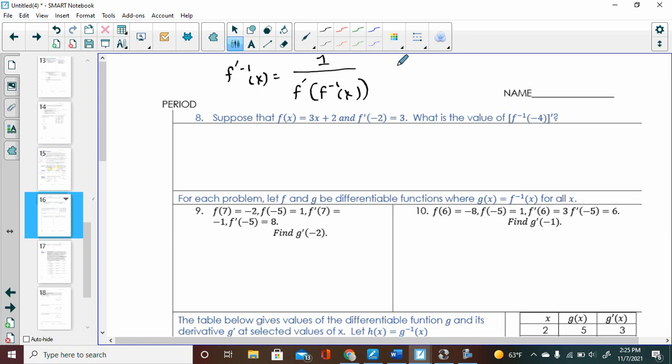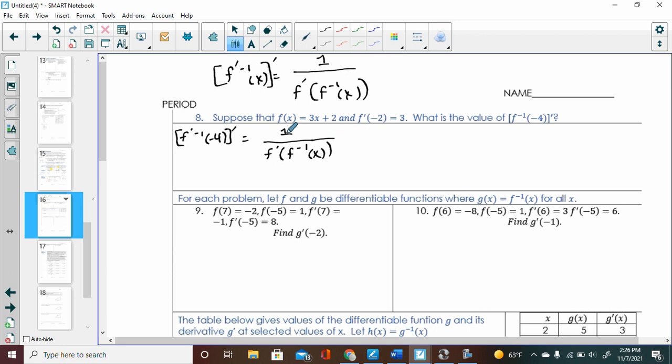So I'm going to write that out, what that looks like. And it probably would be better to do it with the notation that they're using, which is to put that derivative on the outside so we can see it. So let's do that. This equals 1 over f prime of f inverse of x.